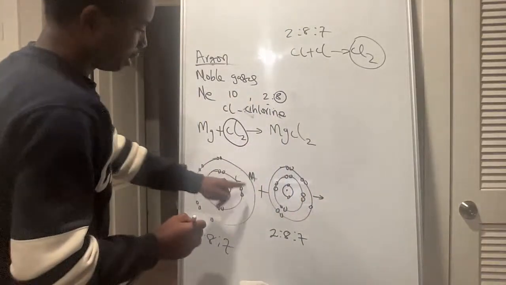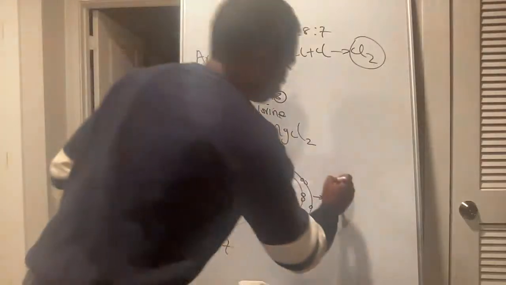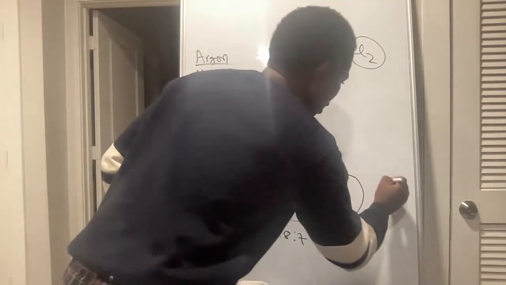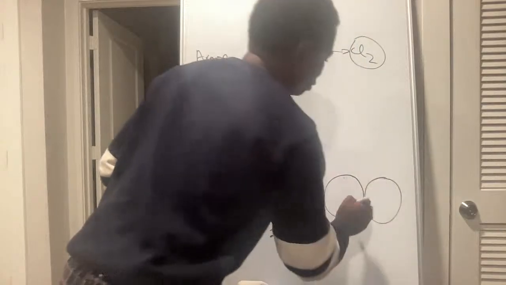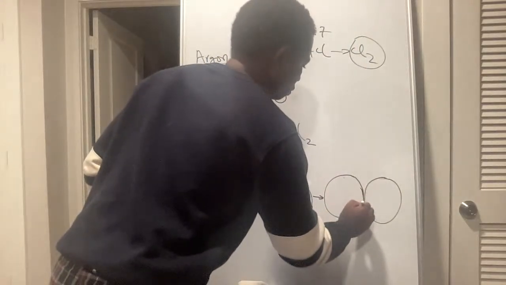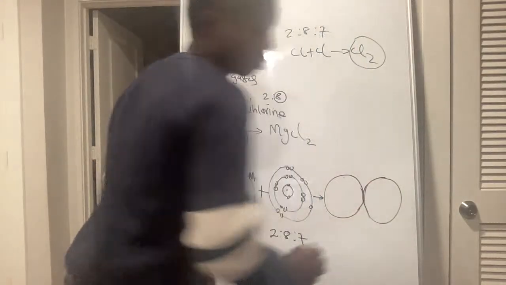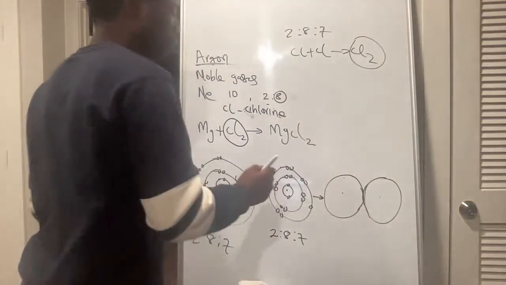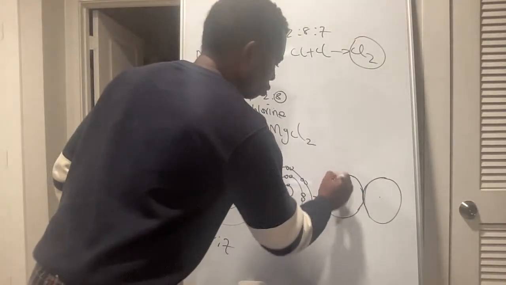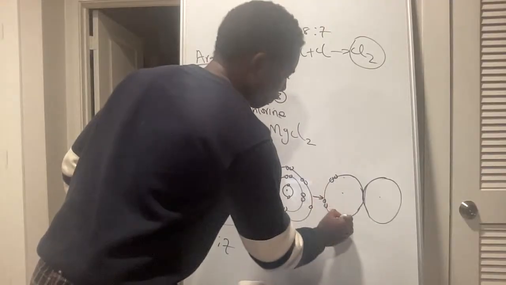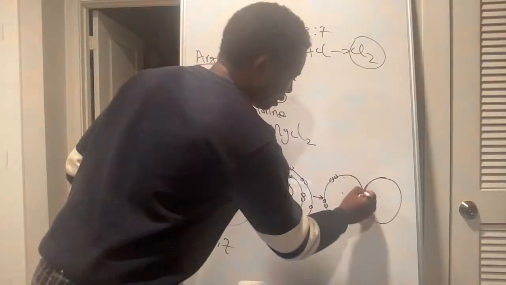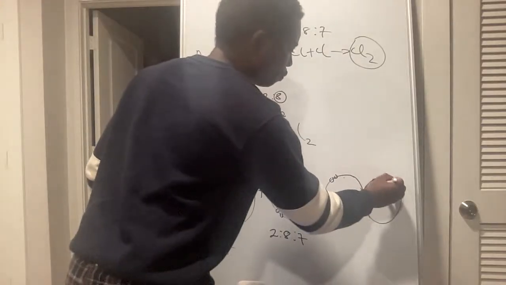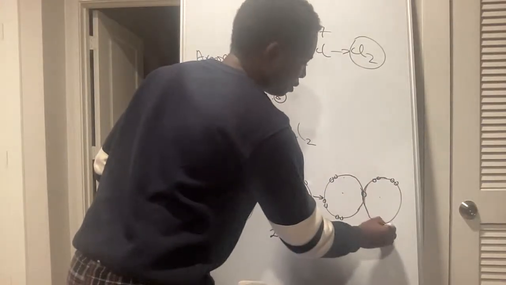Let's bring out the M shell. This is the M shell for this atom, and this is the M shell for this one. This is empty for the other one. Nucleus, nucleus. Now, 1, 2, 3, 4, 5, 6. The last electron will enter. Then for this one, 1, 2, 3, 4, 5, 6.